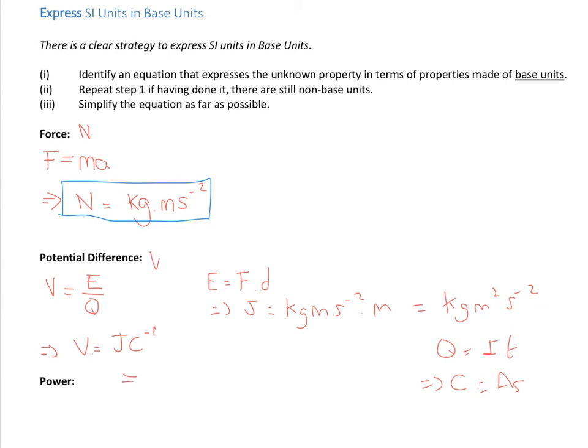So all of that means we can express potential difference as, here we go, kilograms meters squared s to the minus 2, amps to the minus 1, s to the minus 1. So let's just change that to a minus 3 and then get rid of that one. And we've got here a volt as a function of base units.